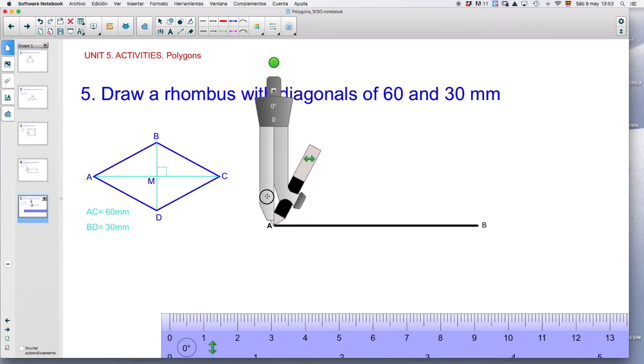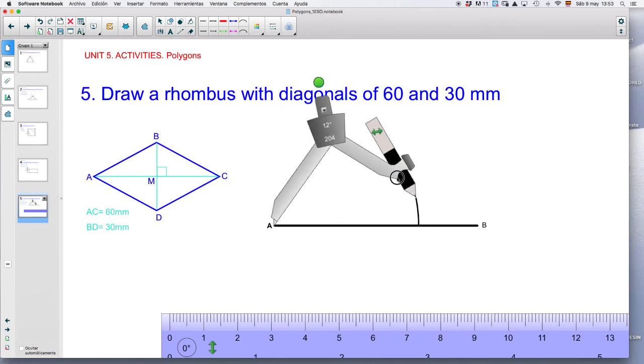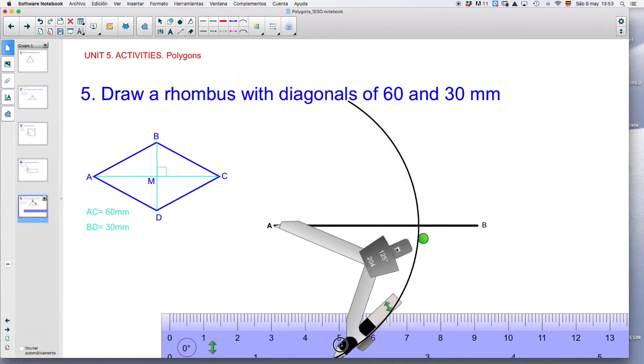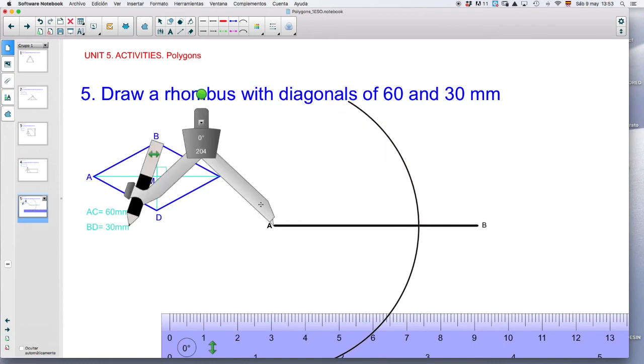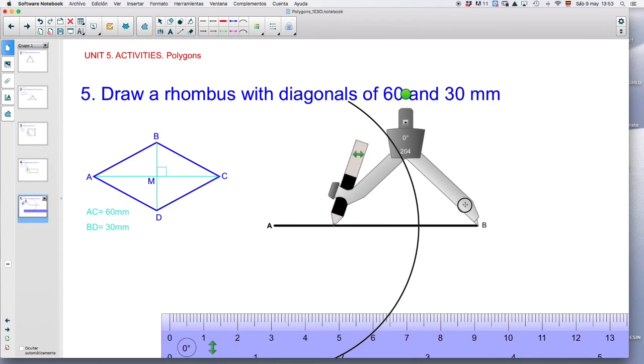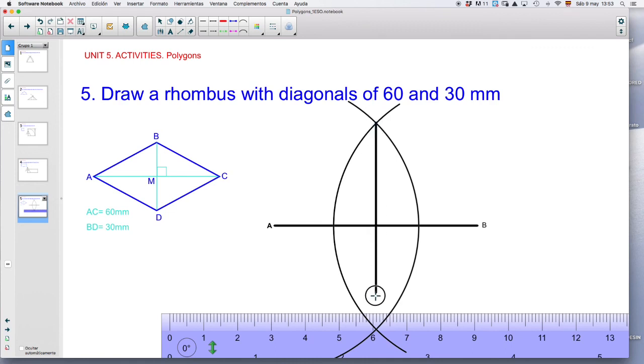Open your compass more than half the length of the segment and draw 2 arcs from endpoints A and C, exactly with the same length. On this line, we will have the short diagonal BD.